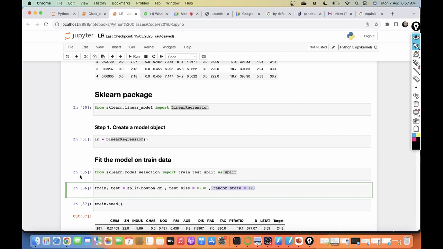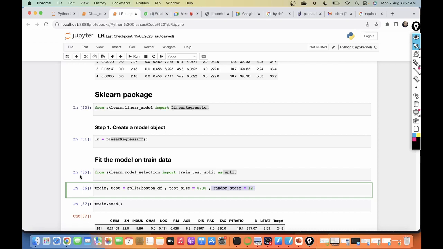Because if you change the data, the machine learning algorithm will learn a different pattern, and there is a chance that the accuracy might differ in different runs if you provide different training data. So to avoid that confusion, we set random state equal to something, so that at every run we get the same train test split.